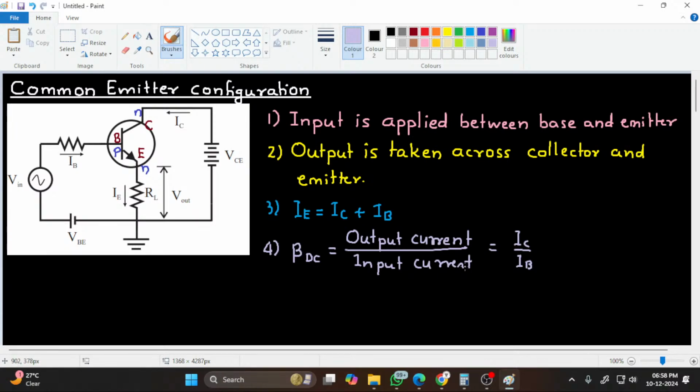Similarly, the ratio of collector current to emitter current is known as alpha DC. Alpha DC is IC upon IE.